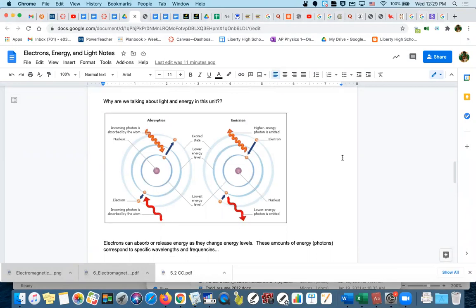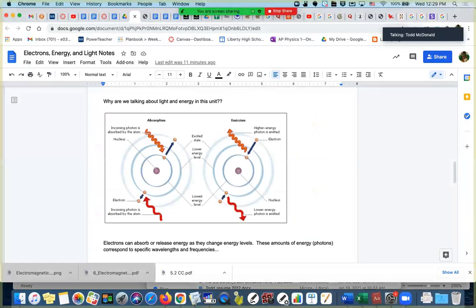They could go, for instance, from this little diagram here, it looks like first energy level to maybe the third energy level. So when that happens, first of all, energy has to be absorbed to get it to go to a higher energy level. So there's a very specific amount of energy or a specific photon of light that needs to hit that electron to get it to jump up to a higher energy level.